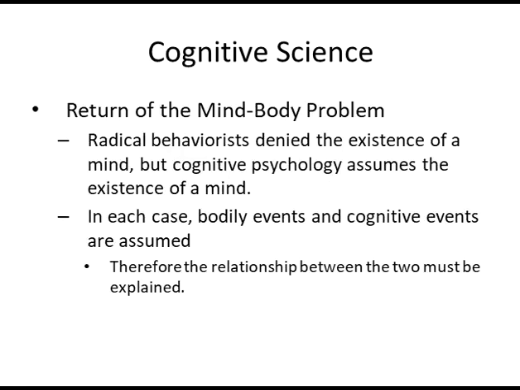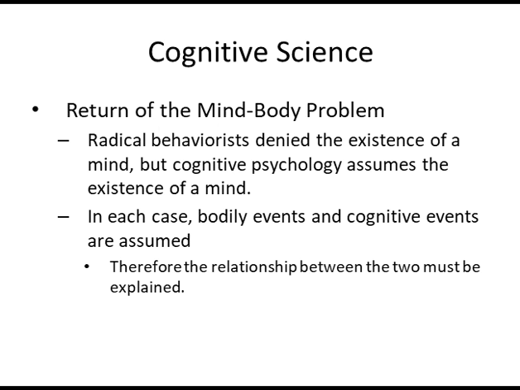So, we return to the mind-body problem again. Radical behaviorists deny the existence of the mind, but cognitive psychology assumes the existence of the mind. So we're back to assuming, in a sense, the mind is something real. Remember, the hardcore behaviorists like John Watson and those guys, they didn't want to do things that were not objective, things that we could see directly and quantify.